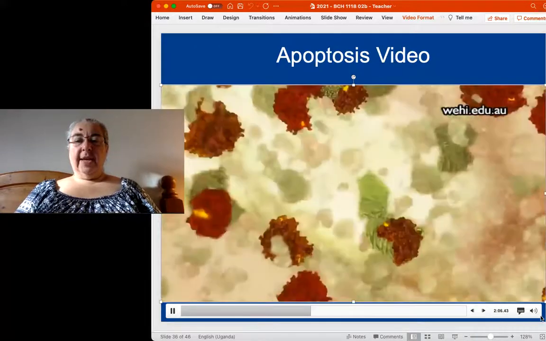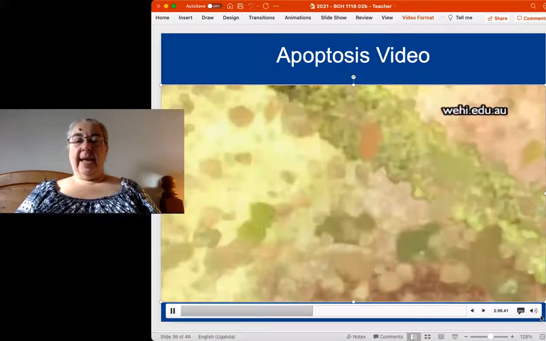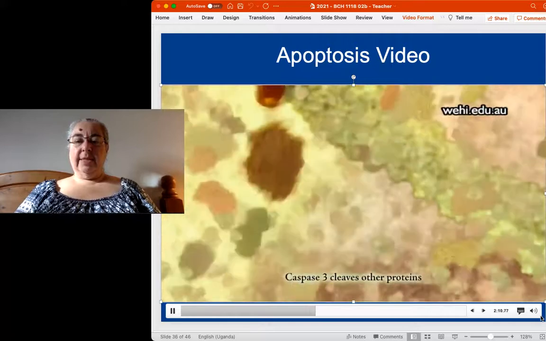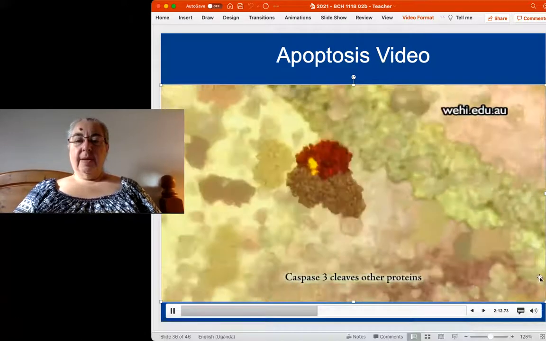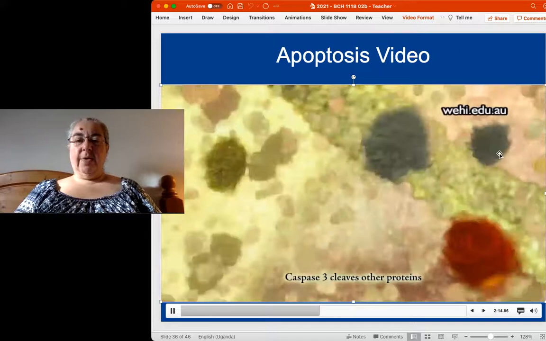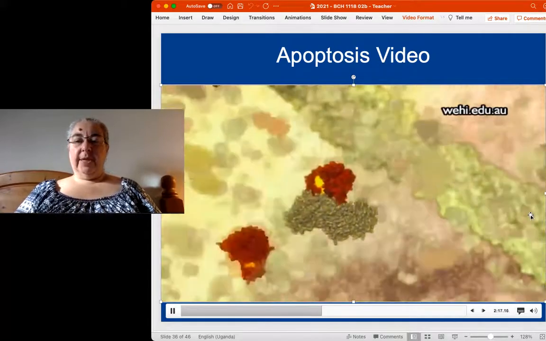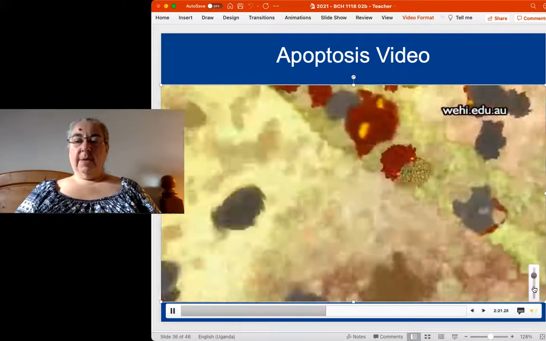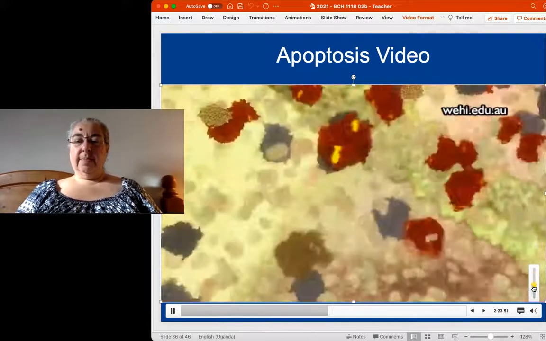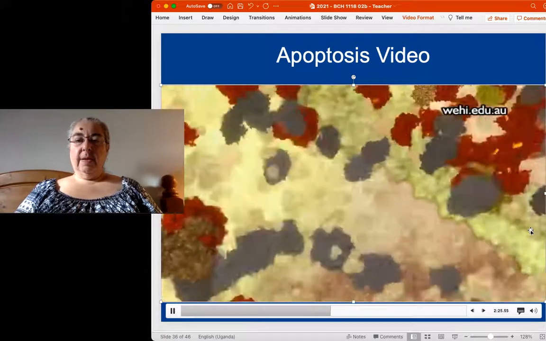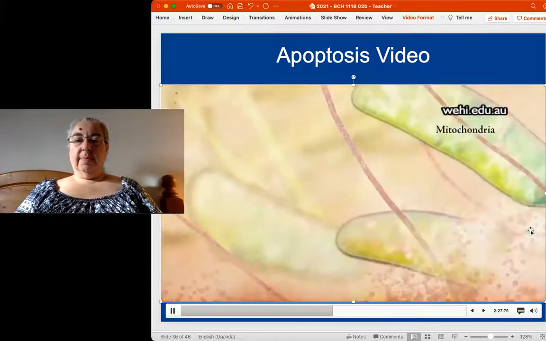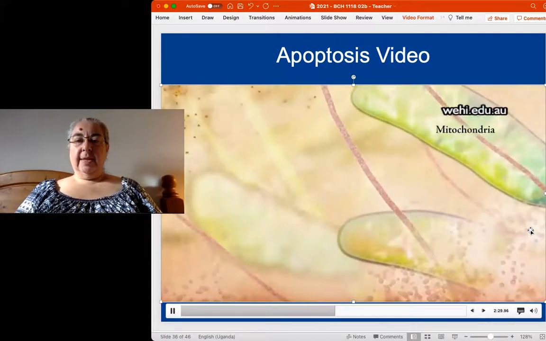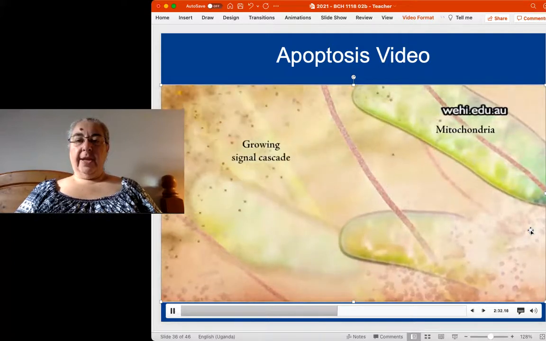So this is a cascade process. So that caspase is now feeding other proteins. Okay, so a cascade, one thing causing another thing to happen.